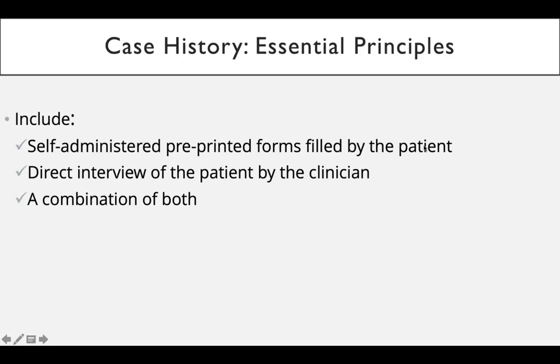You can ask your assistant to hand out some pre-printed forms or handouts, which they fill, which can be helpful in the history taking. And then when they come in with the form, for those questions they don't know how to answer, you can ask them again. This will save time, and these are some essential principles which you can use.